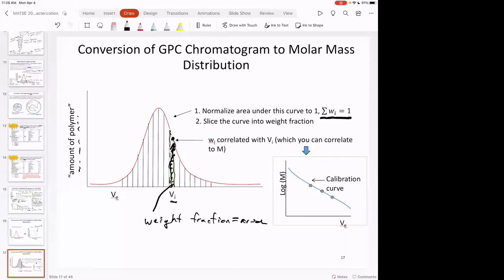So if the entire area under the curve is the total weight fraction, or the sum of all weight fractions, right? That one slice of area, I know you remember this from calculus, is the weight fraction for a given molecular weight.